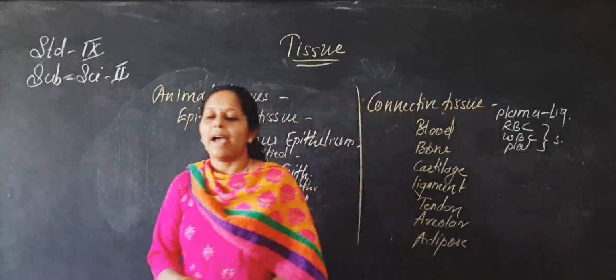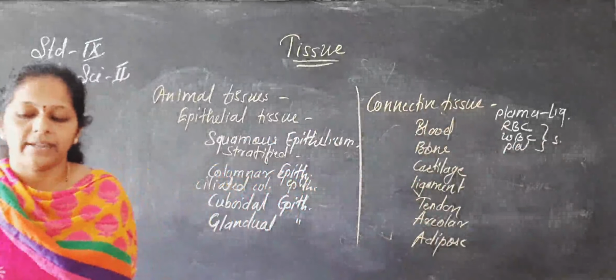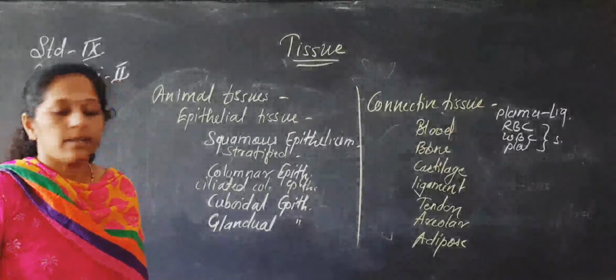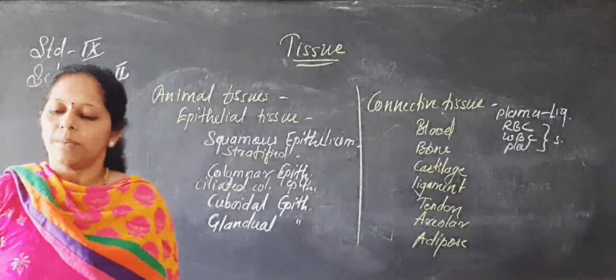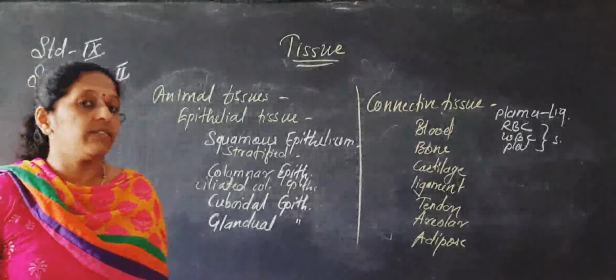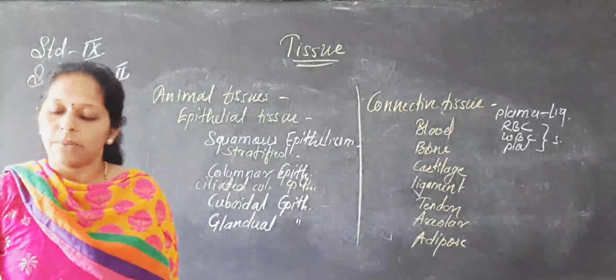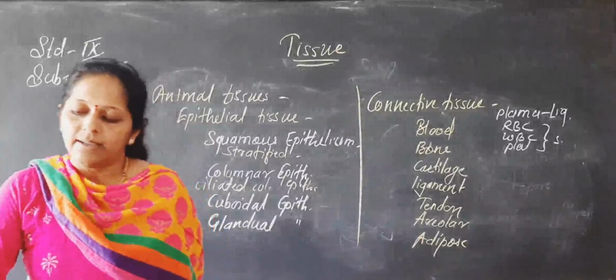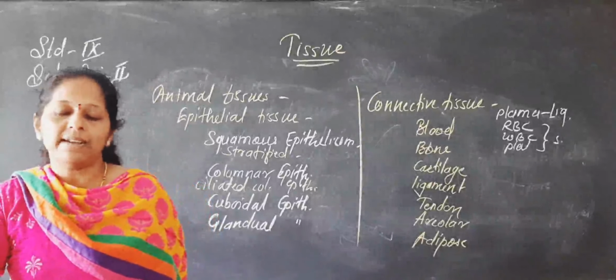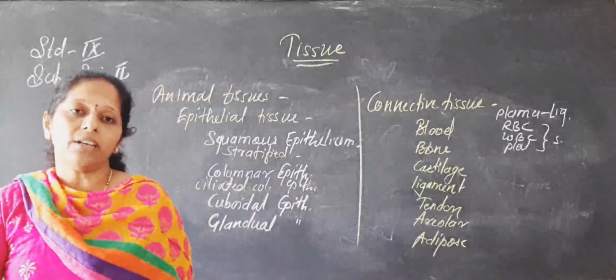They are floating in the plasma. Blood has a fluid matrix. The matrix is fluid, while the RBC, WBC and platelets are suspended because they are solid materials.